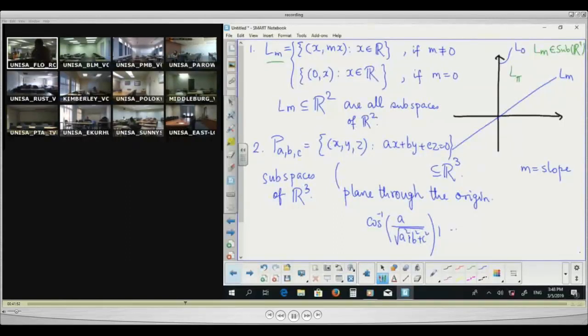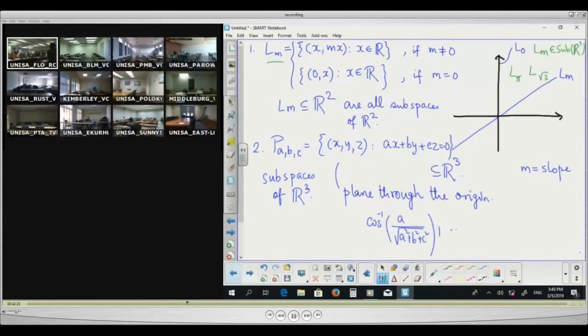What I'm trying to say is, it is indexed: for each member in the reals, there is a subspace. Over here, it's something more: for each triplet ABC in R3, there is a subspace.